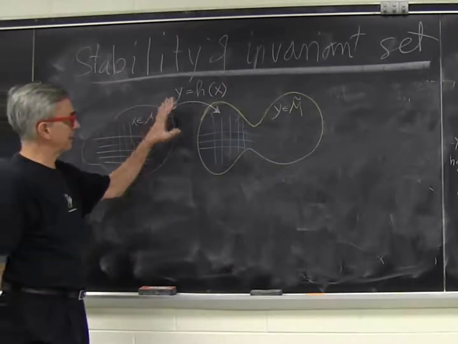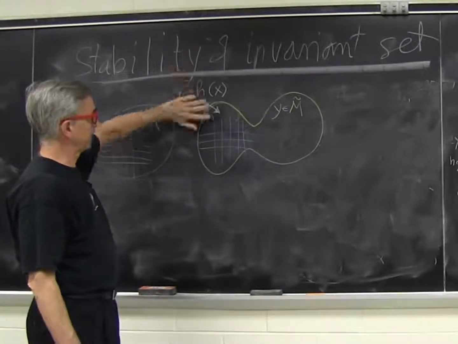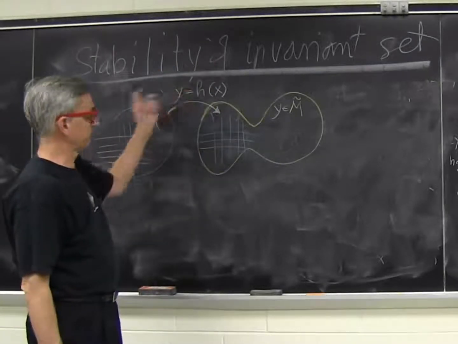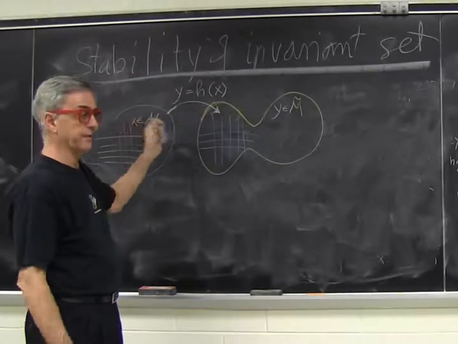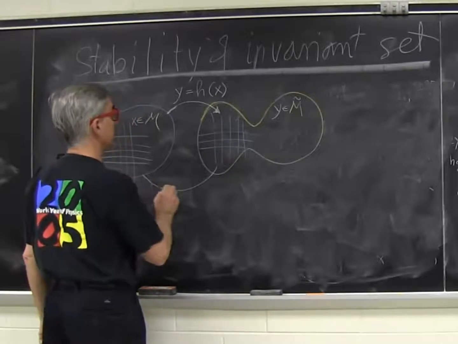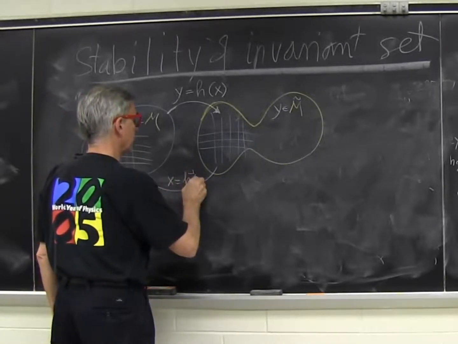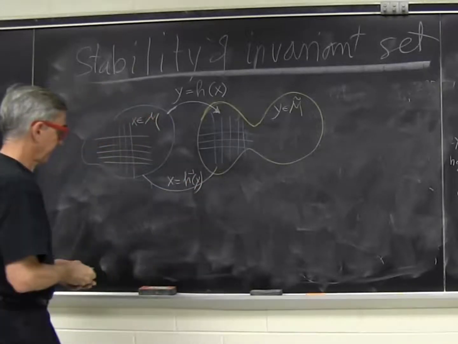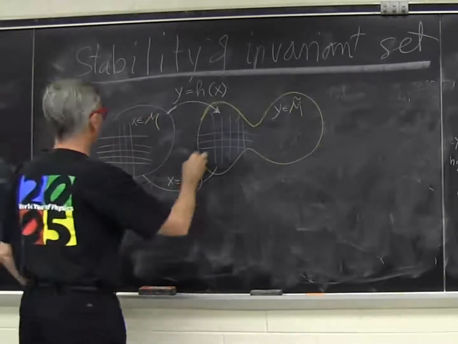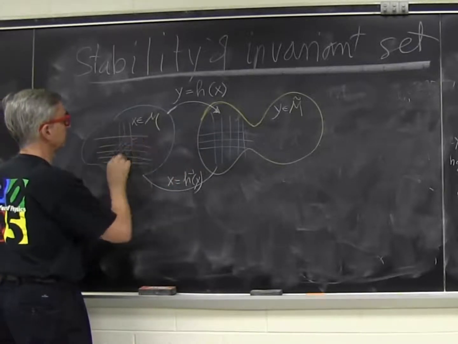And this mapping, at least locally in some patch where I'm working, should be a one-to-one diffeomorphism, so I should be able to go back and forth as I wish. I should also be able to go back to x, saying this is h inverse of y. And now what happens is when I go back, your coordinates look a little bit weird.